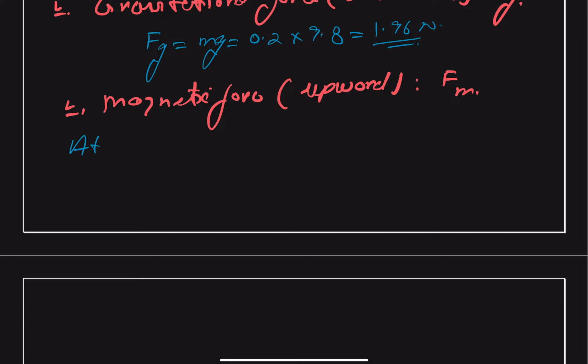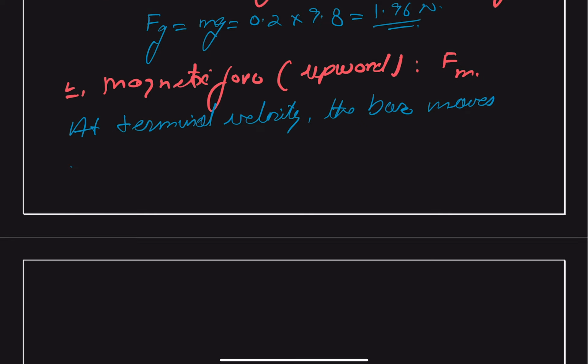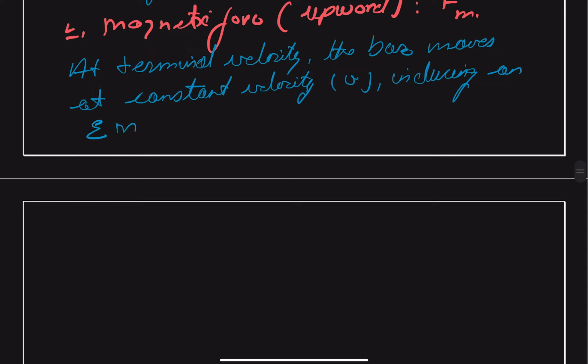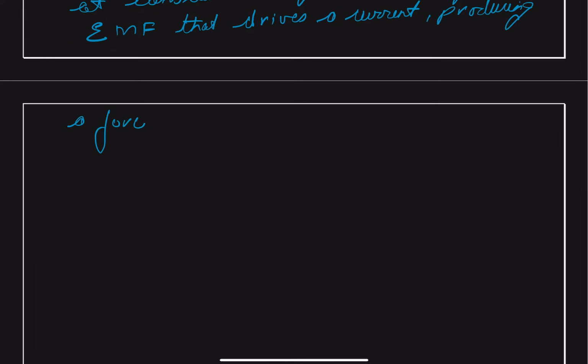So we can say at terminal velocity, the bar moves at constant velocity, let us suppose that is given as V, inducing an EMF that drives a current, producing a force opposing gravity.